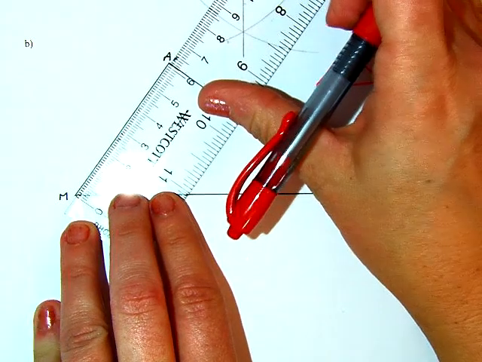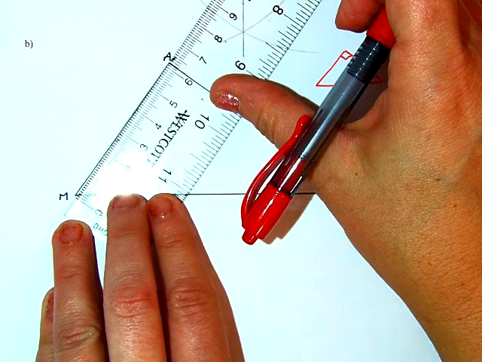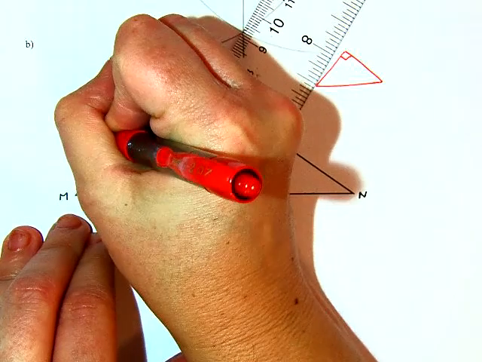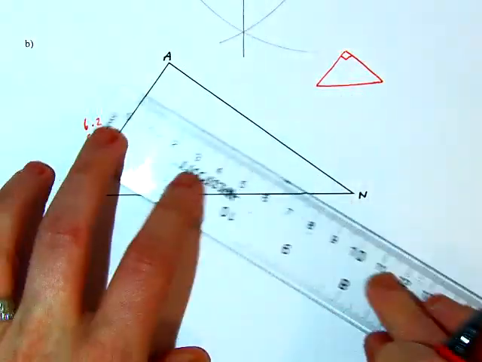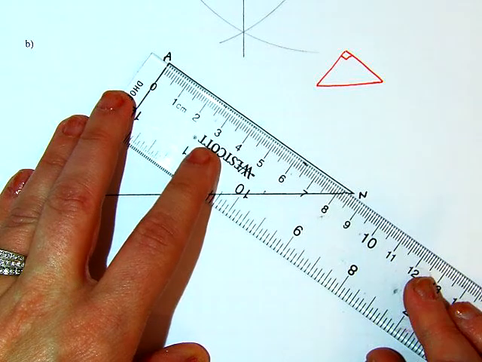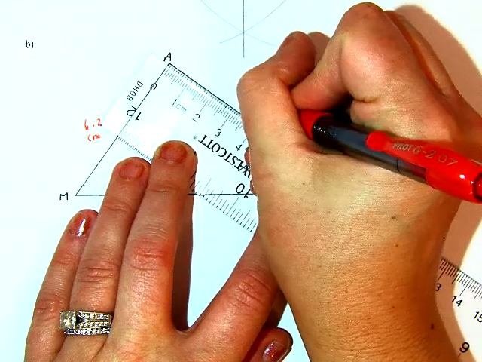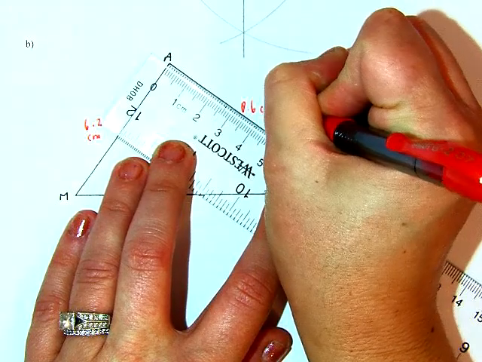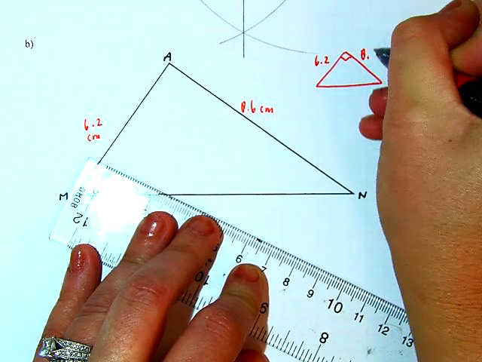So right here, this is going to get me, let's say about 6.2. So 6.2 centimeters. Okay, over here, I'm going to measure it as well. And I'm going to get about 8.6 centimeters. So I have 6.2 and 8.6.